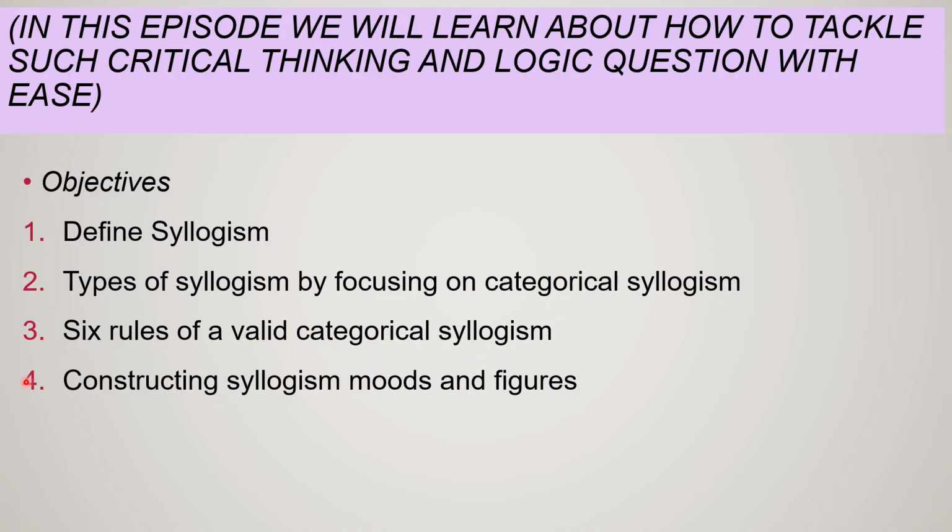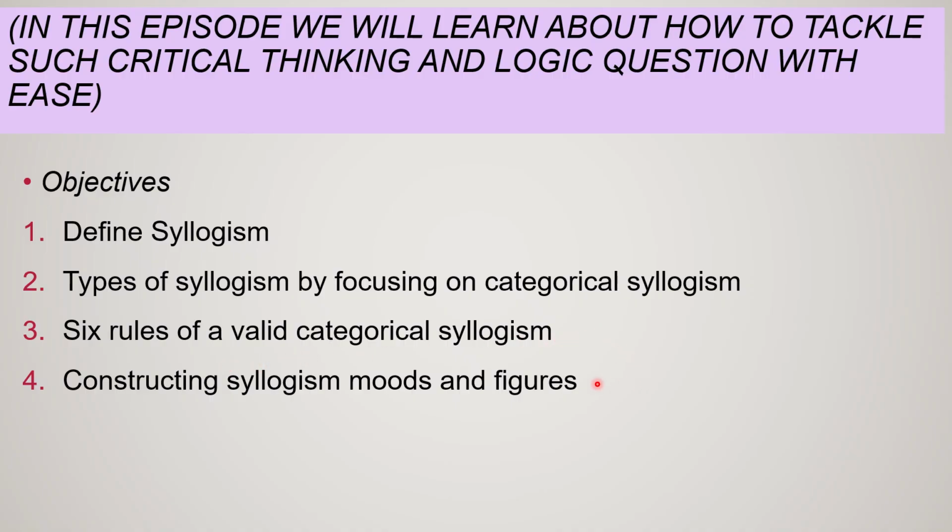So in this episode, our main objectives are defining the term syllogism. We're going to look at the types of syllogism, focusing on categorical syllogism. There are other types of syllogism, but we are mainly going to focus on the categorical syllogism. We are also going to look at the 6 rules that are followed so that you form a valid categorical syllogism.